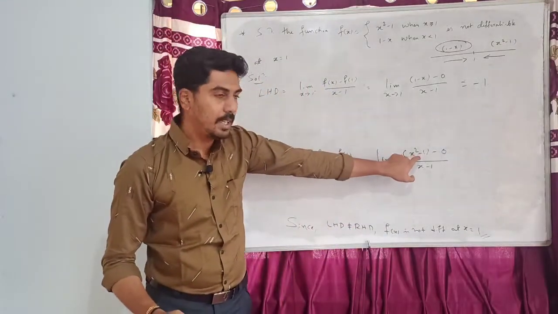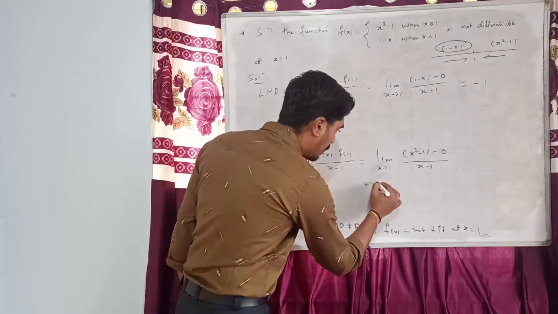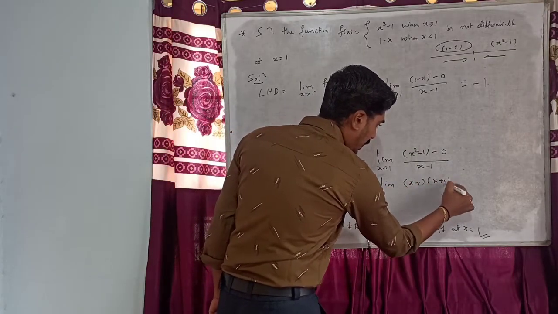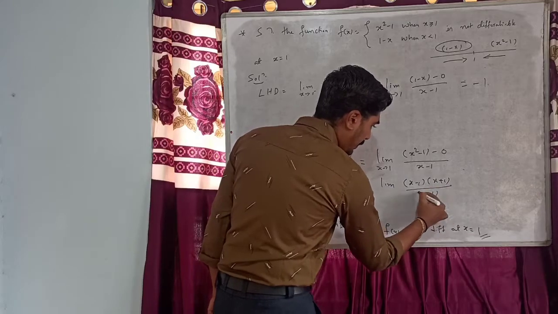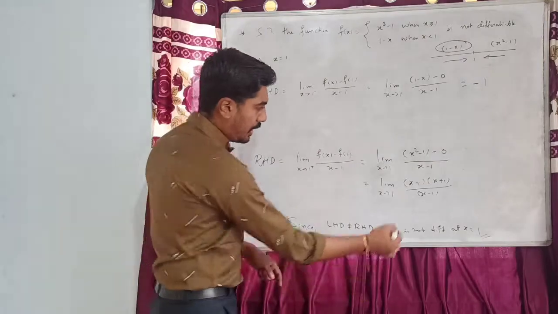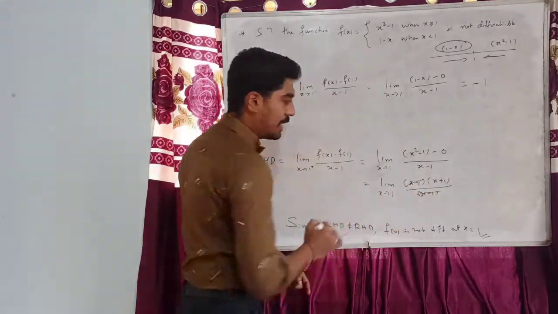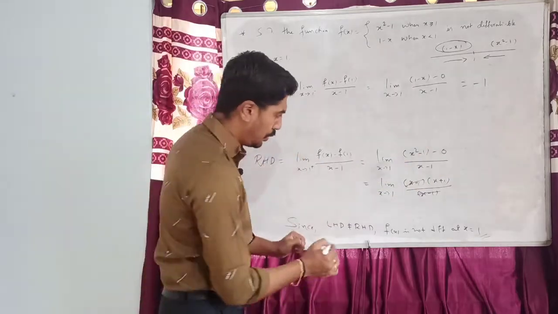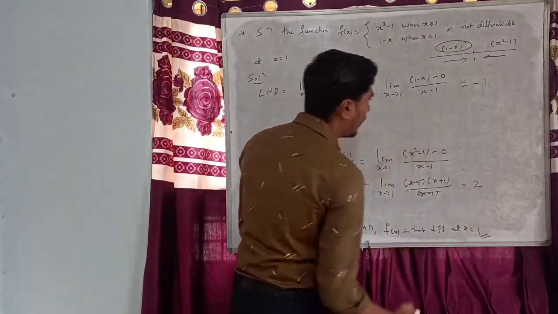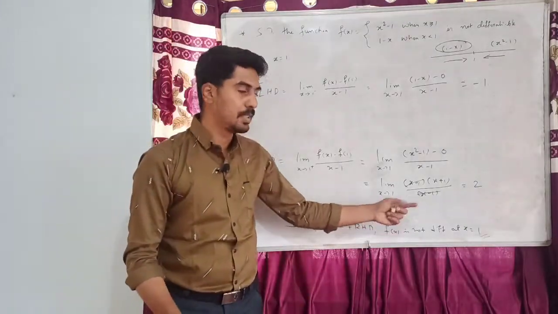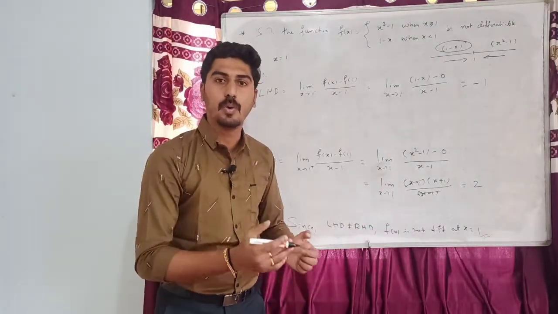When I expand this, this will be equal to limit of x minus 1 into x plus 1 whole divided by x minus 1 as x tends to 1. Here x minus 1 and x minus 1 get cancelled, as x tends to 1, 1 plus 1 will be equal to 2. So since LHD is not equal to RHD, f of x is not differentiable at x equal to 1.